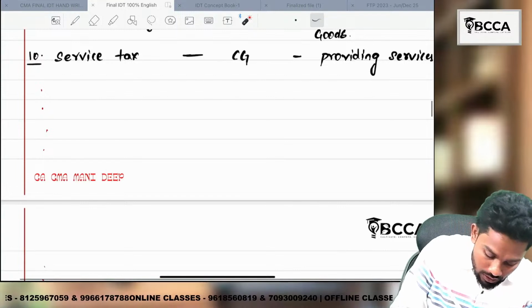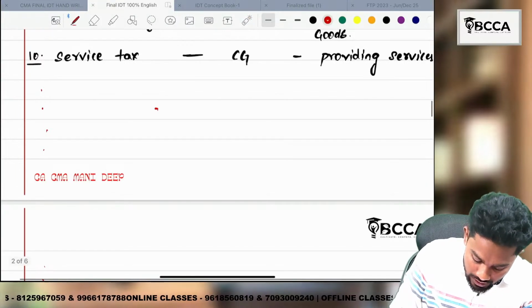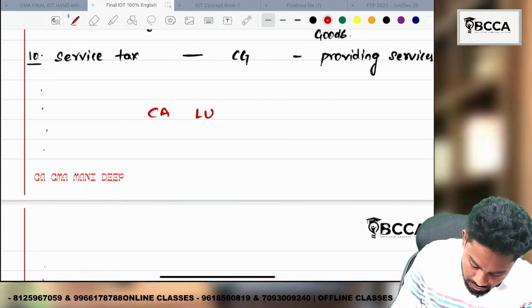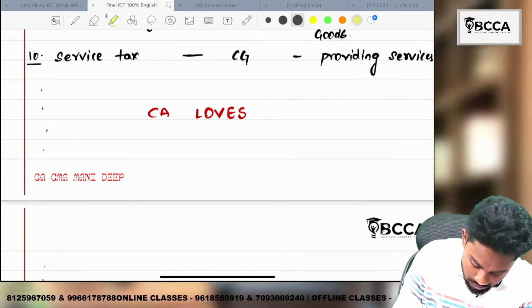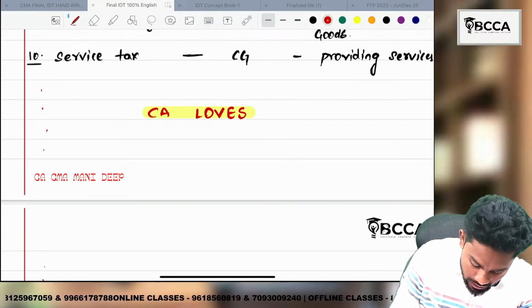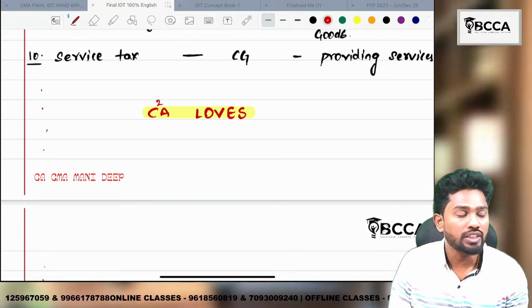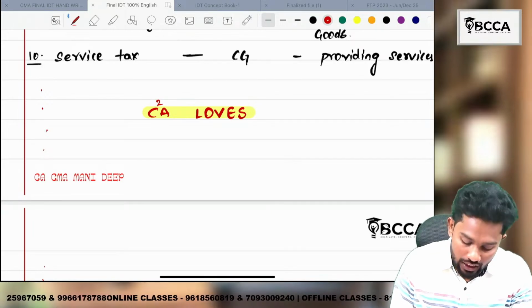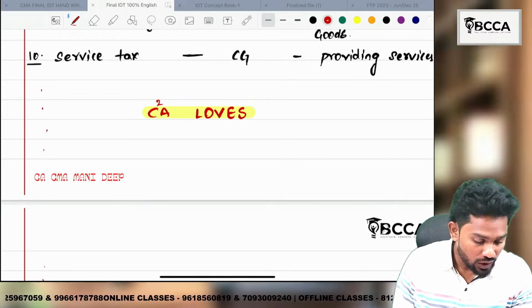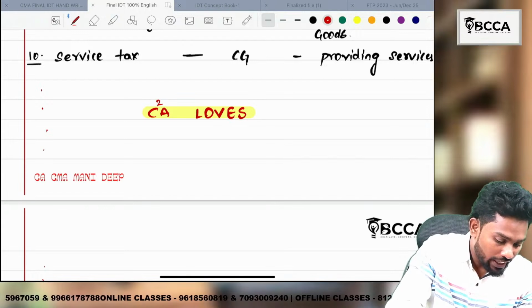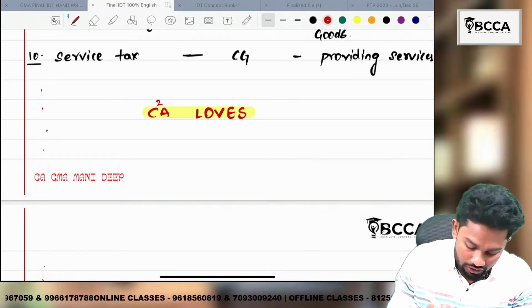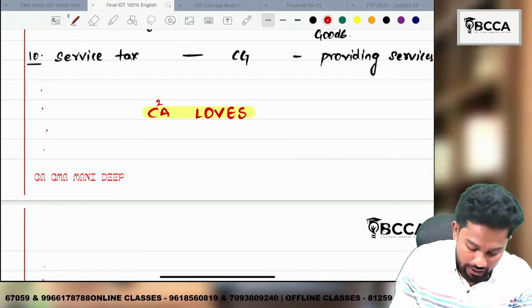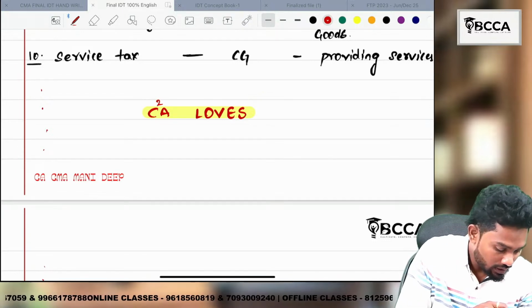To remember all this quickly, the code is CALOVES. C for central sales tax and countervailing duty, A for advertisement tax, L for luxury tax, O for octroi tax, V for VAT, E for excise duty and entertainment tax, and S for service tax.